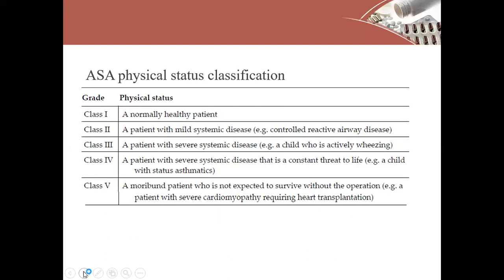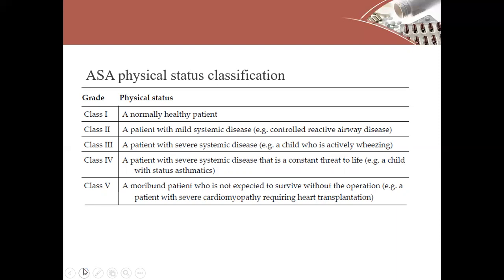So before taking up the patient, we should be able to identify which ASA class the patient belongs to. And for most general anesthesia where the patient undergoes dental treatment, it will definitely come under class 1. But if the patient has any systemic diseases, then depending on the airway problems or any other underlying systemic diseases, the grade might change.